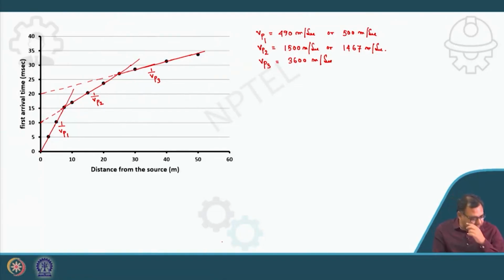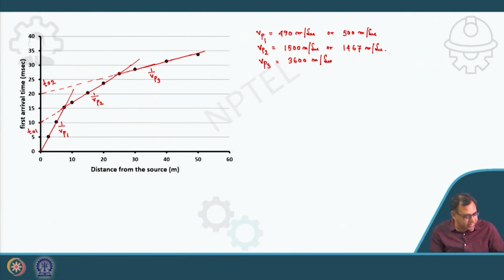Now, I have to determine the 3-layer case. So H1 and H2 I can determine, because the number of layer thicknesses will be n minus 1. Here I can determine the velocity for 3 layers, so the thickness for 2 layers, 1 less. So here, if I extend, this is my T01 and this is T02.